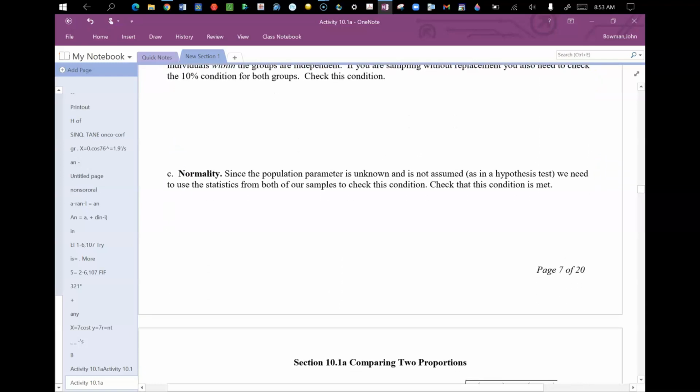The normality condition here, we would check by taking our sample sizes times our sample proportions. So in this case, we would take 506 times 0.28. We would take 506 times 0.72. We would take 520 times 0.13.